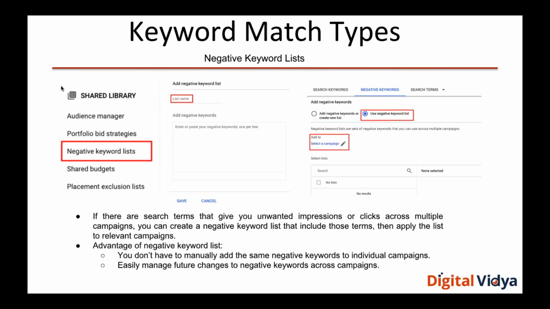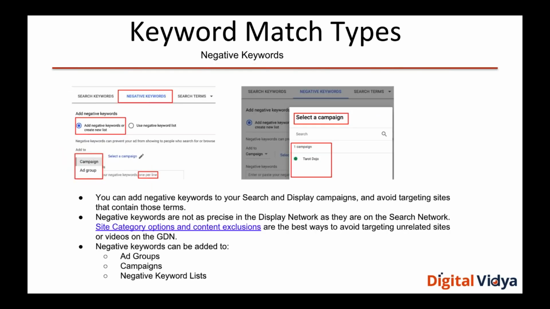So if you have your AdWords account open, go to the tool icon on the top right hand side, that spanner icon, and you click on it, you will see a drop down menu under which one section is shared library. In this shared library, there is an option for you to create a negative keyword list. So once you create a negative keyword list here, it will be available for you to select over here. Is that clear?